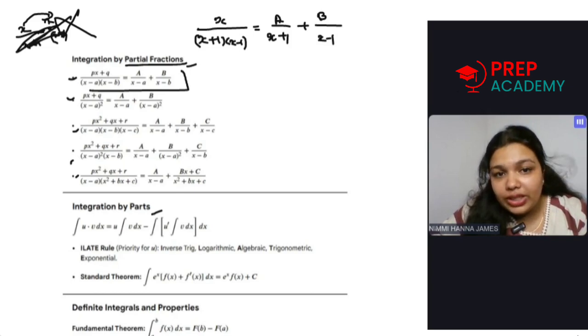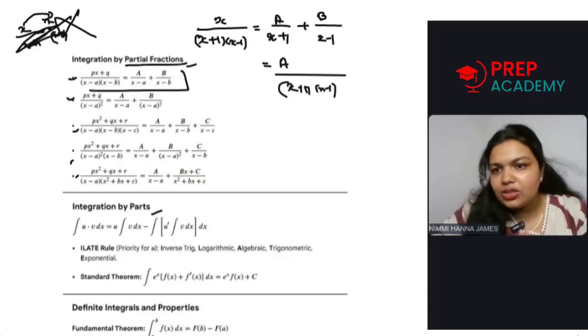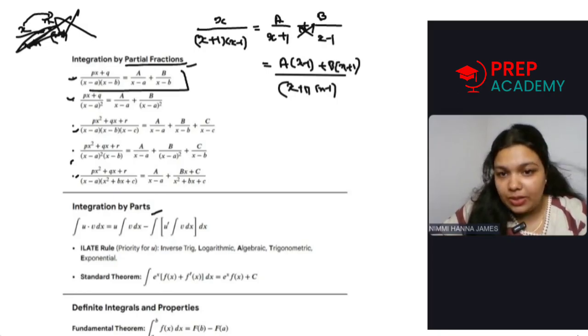Now we want to find the values of a and b. If I take the LCM of the right side, the denominator is x plus 1 into x minus 1, correct? And for the numerators, we cross multiply, so a into x minus 1 plus b into x plus 1.